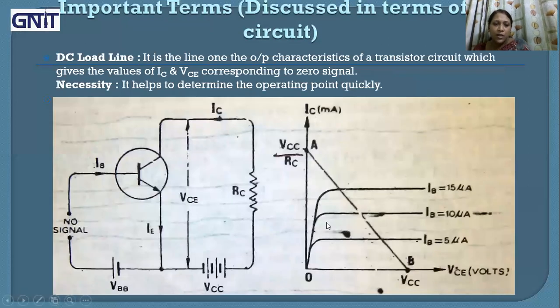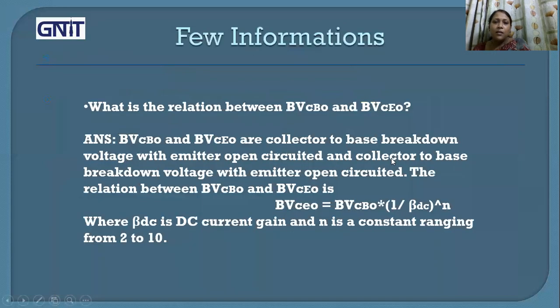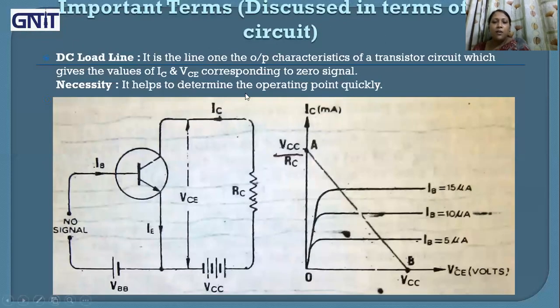If we go to the next slide, we can find that IE equals IC plus IB.